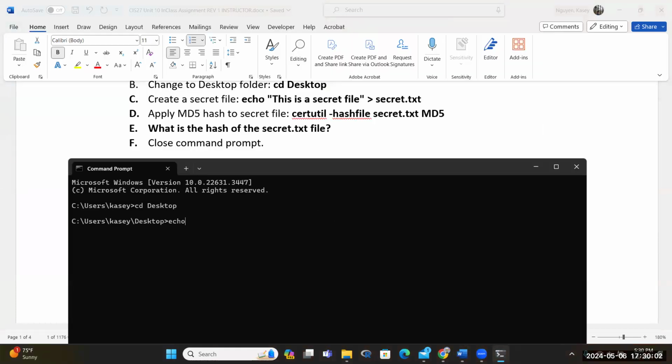It's going to append to a file, right? And we're going to use the quotation marks to represent the string. This is a secret file. Close the quotation mark, and you're going to need the arrow because you have to put it into the destination file. So we're going to say secret.txt.